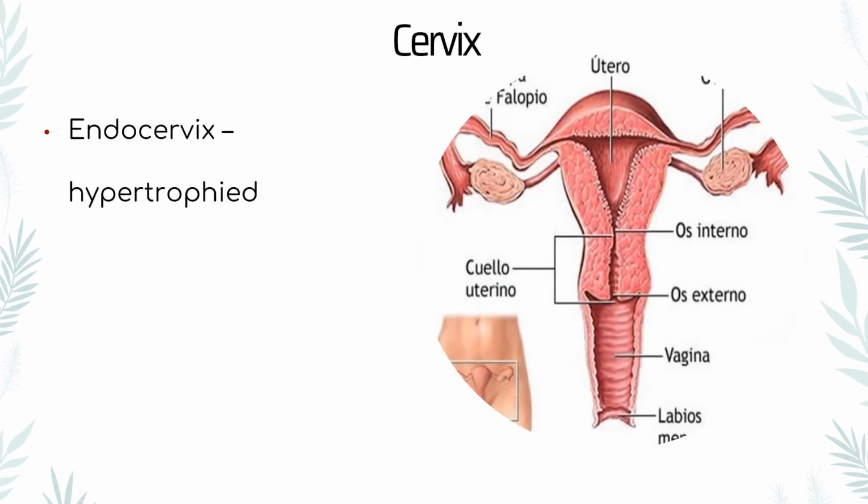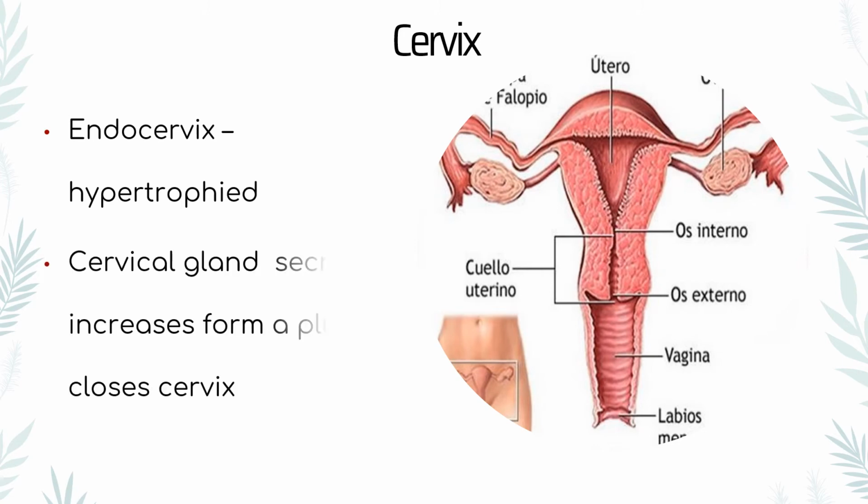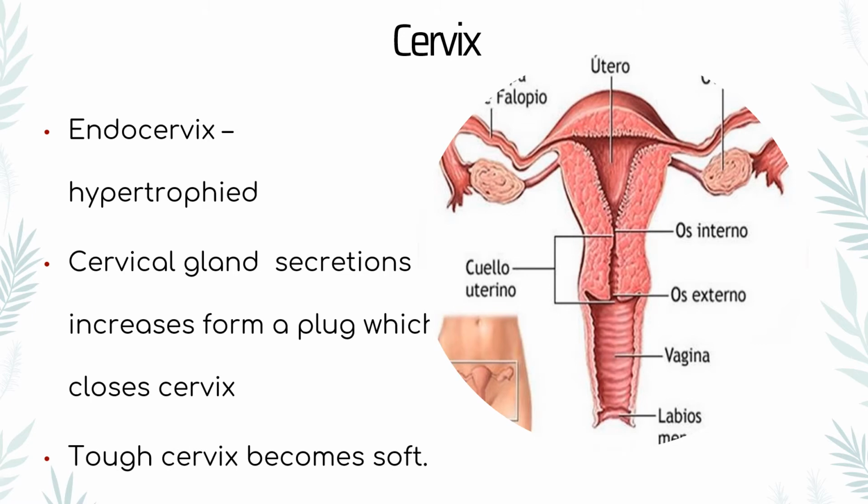Cervix: the endocervix gets hypertrophied, cervical glands increase in number, and their secretions form a plug that closes the cervical canal. The cervix becomes very soft.